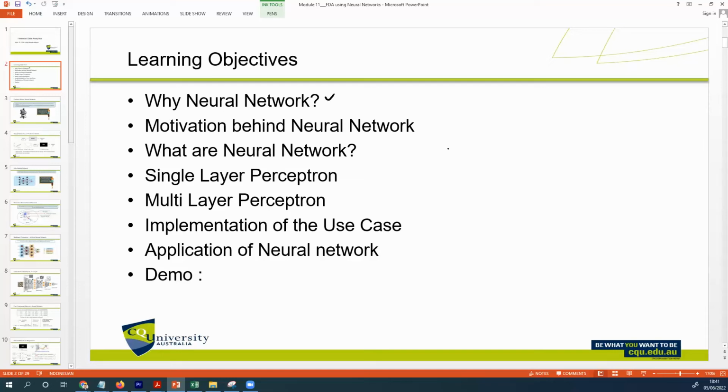What is the motivation behind conducting neural networks? What is a single layer perceptron? What is a multi-layer perceptron? What are the implications, use cases and applications of neural networks, and a demo.